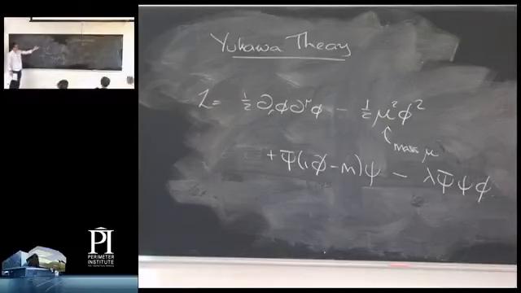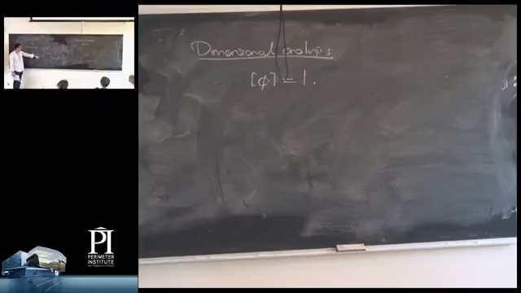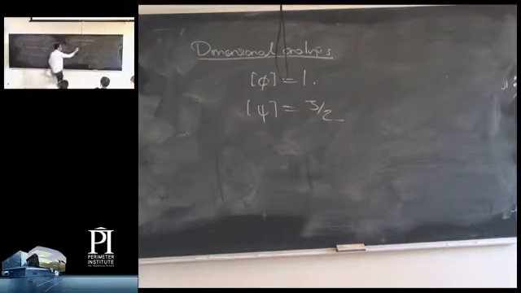This is the canonical dimension for all scalar fields in 4 dimensions. But what about the fermions? Well, this is a mass, so you would hope it also has dimension 1, which means the psi's have to have dimension 4 minus 1 equals 3 for the two of them. Or in other words, psi has dimension 3/2. Again, this is the canonical dimension for fermions in 4 dimensions.